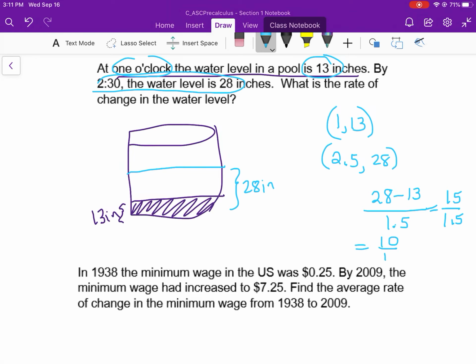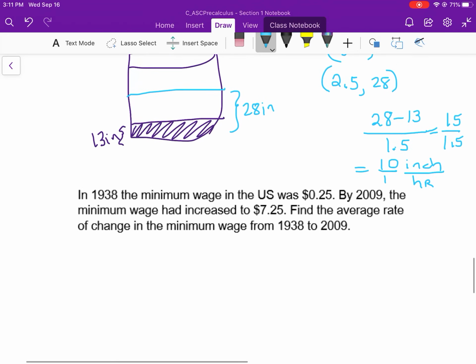If it's 10 over 1, that means it's 10 inches for every hour, because that's how we did it. We did it per hour, because 1 o'clock to 2:30 is 1.5 hours. So 10 inches in 1 hour. I don't know if that's fast or slow in a pool. I don't have a pool. So 10 inches in an hour, that's my rate of change.